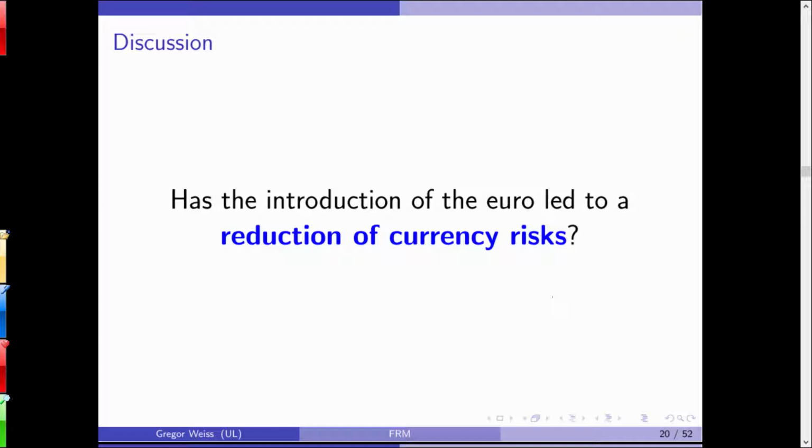First of all, the introduction of the euro, of course, has eliminated many exchange rates. And in the European Union, one would assume that these exchange rates no longer exist. But still, in many cases, you can observe that prices are somehow connected to other foreign currencies. The US dollar and the Japanese yen, for example, are still major currencies, and especially the dollar. Many things are connected to the dollar.